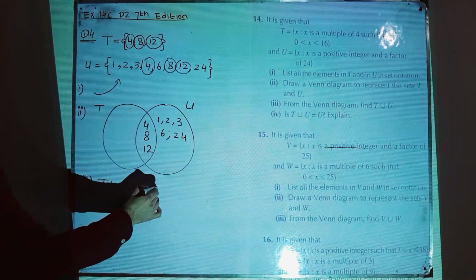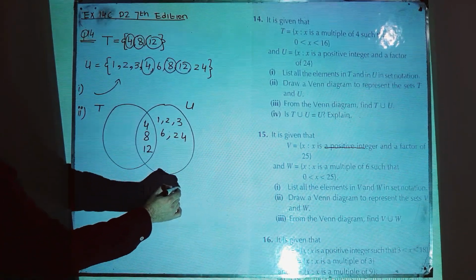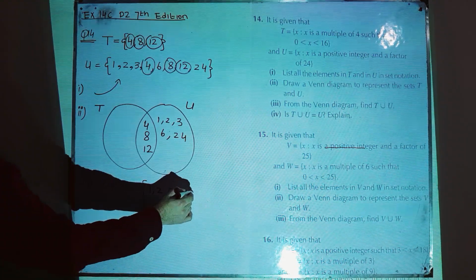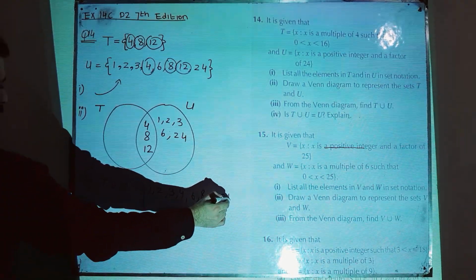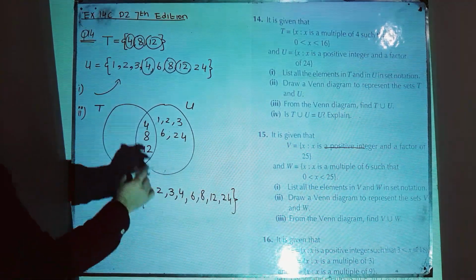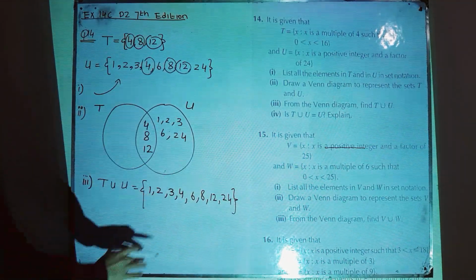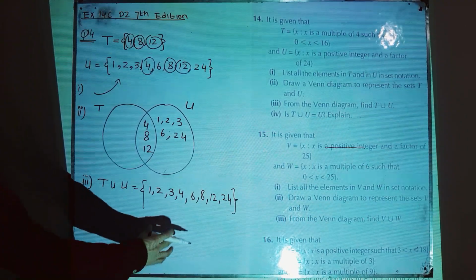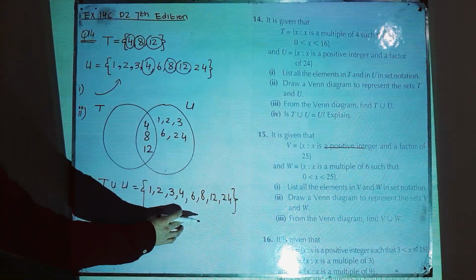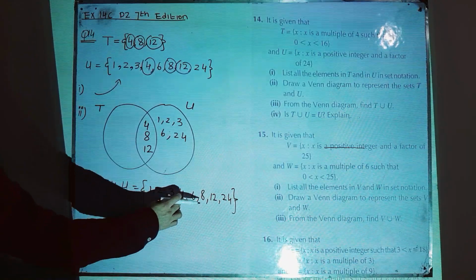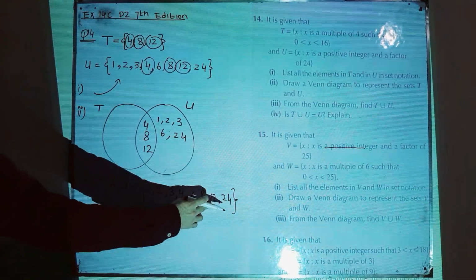So that is 1, 2, 3, 4, 6, 8, 12, 24. So all the elements of T and U will be written in this T union U answer, 1, 2, 3, 4, 6, 8 and then 12 and 24.